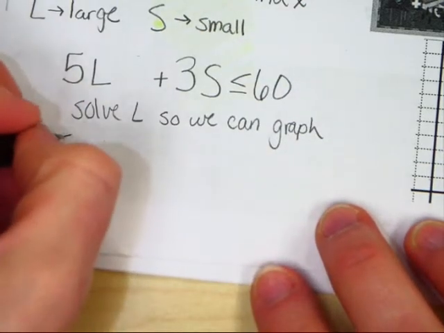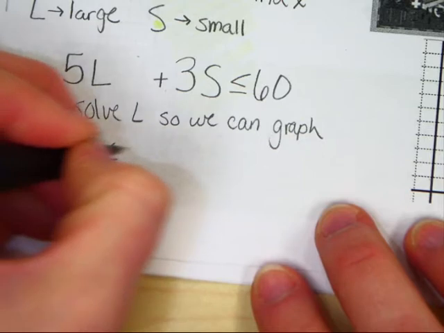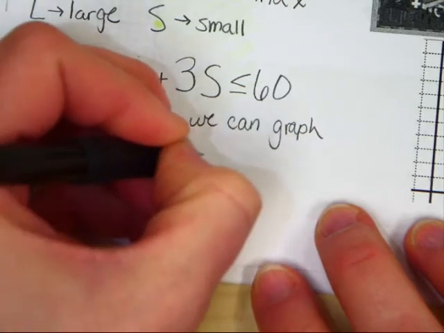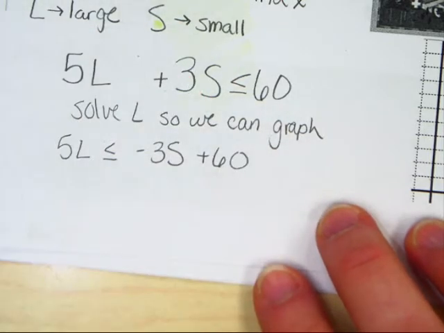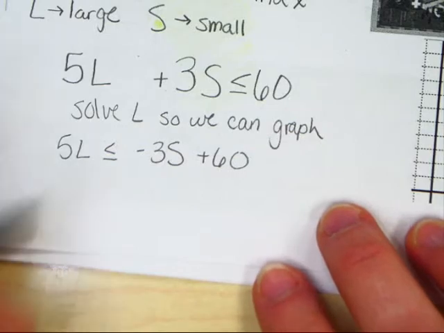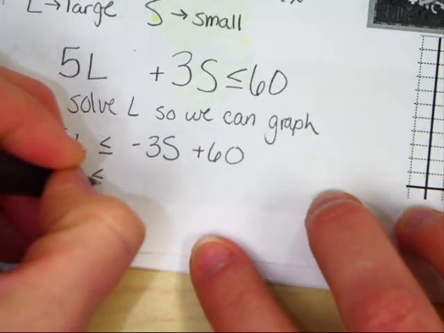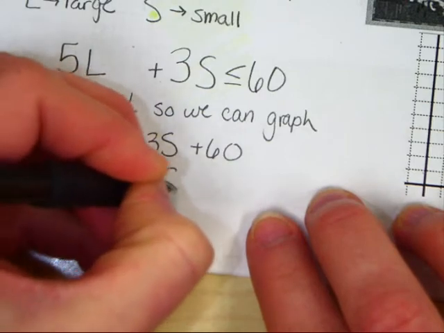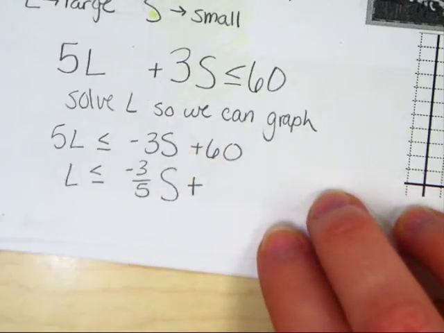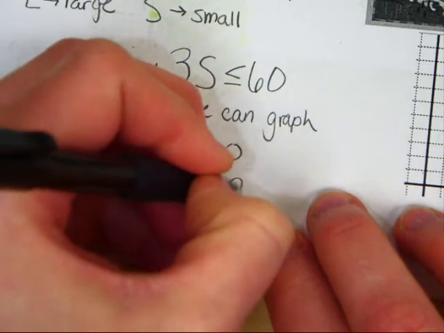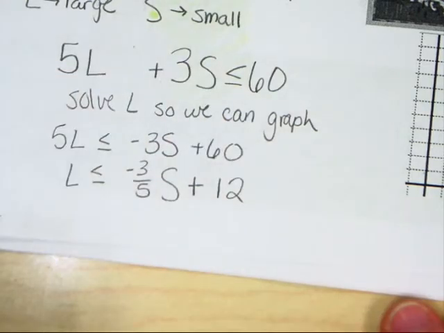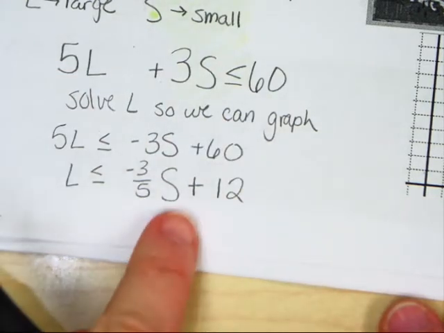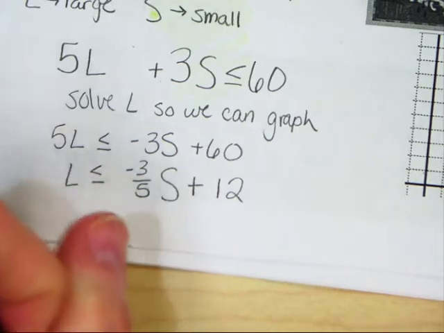So I get 5L is less than or equal to negative 3S plus 60. Divide by 5, and I get L is less than or equal to negative 3/5 S plus 60 divided by 5, which is 12. So here is my y equals mx plus b equation.